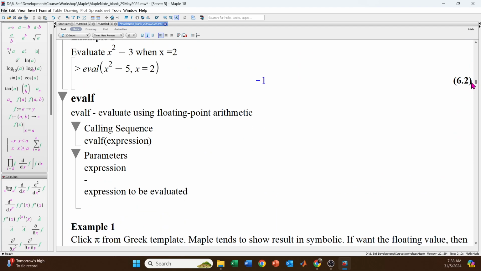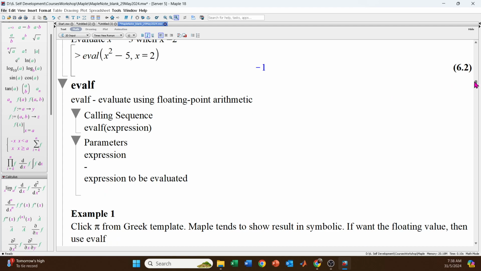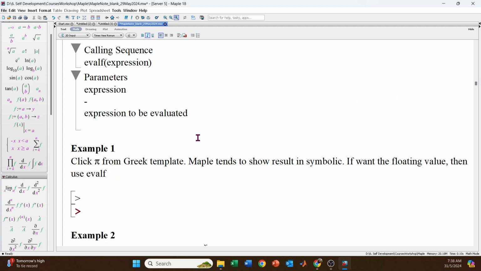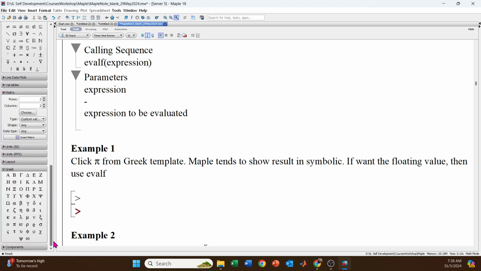Next is evalf. I think just previously we have shown evalf if you want to give the answer in floating point. Evaluate using floating point arithmetic. Click pi, pi from the Greek template. They give you pi.